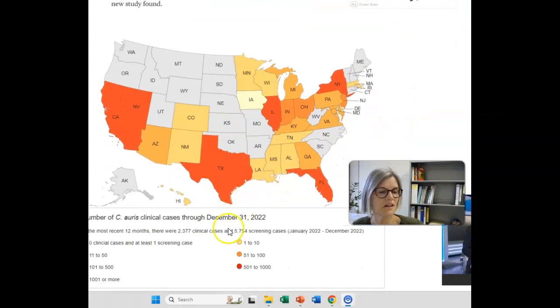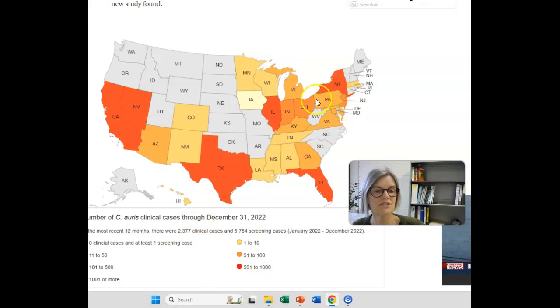Look at the numbers down here. I have it kind of off kilter here. But in 2022, we have like New York State, Florida, Texas, California, Nevada have 500 to 1,000 cases.